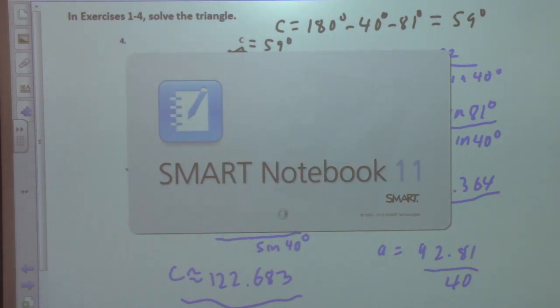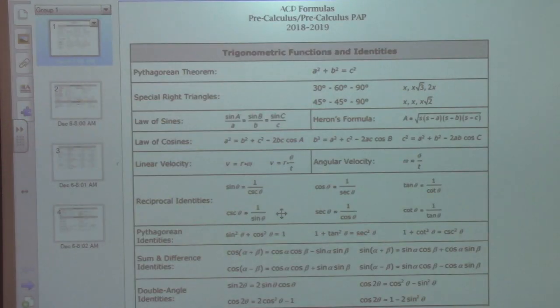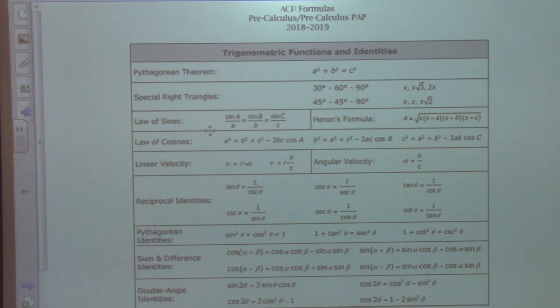It'll pop up sometime, I hope. There it is. Okay, here's the law of sines right here. Do you see this in your formula charts?